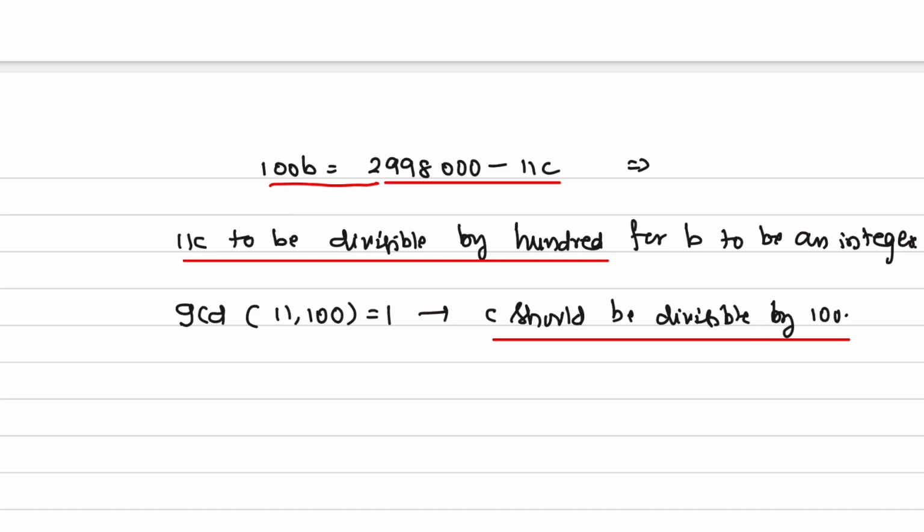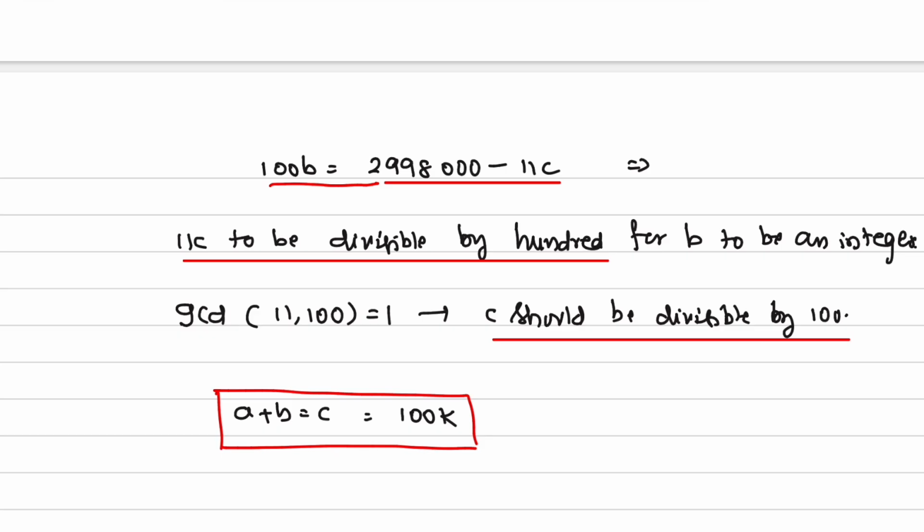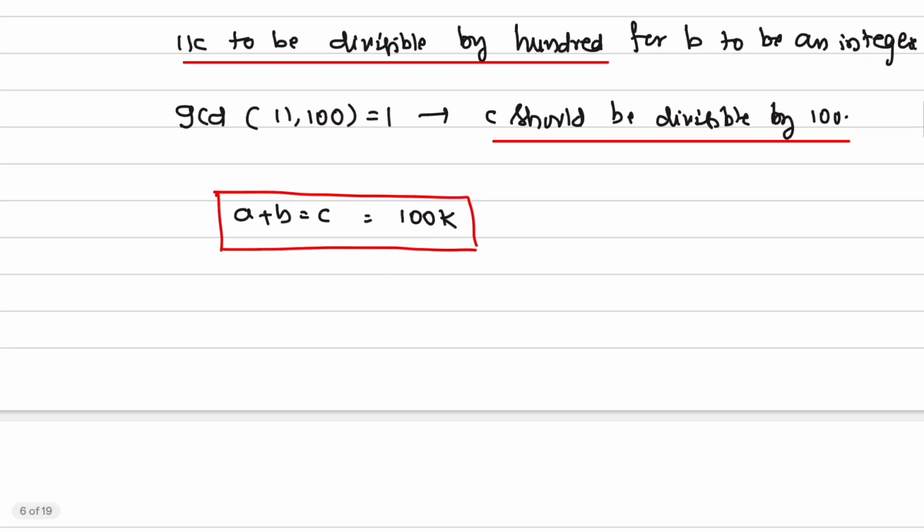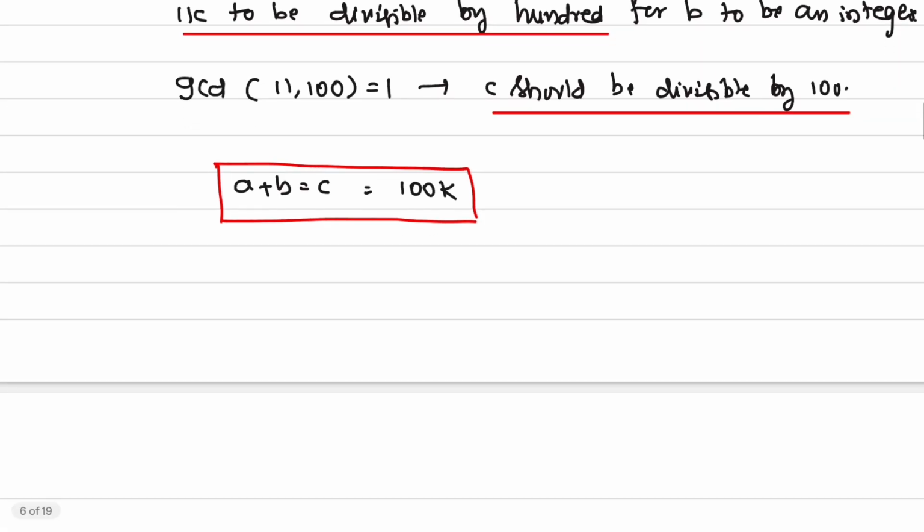That means what we have assumed previously, A plus B is equal to C, should be equal to 100 into K, let us say, because C will be in multiples of 100 only. That means A plus B has to be some 100 into K.